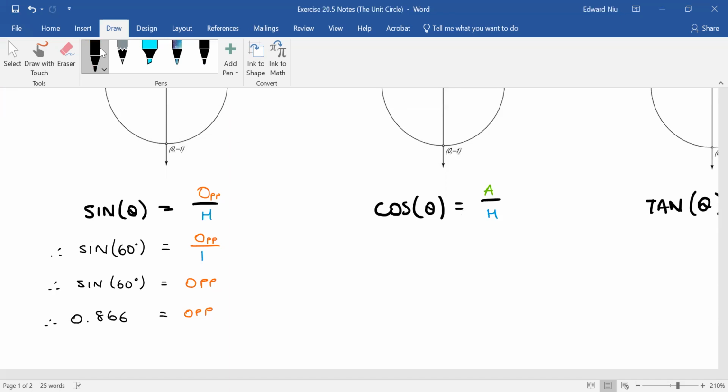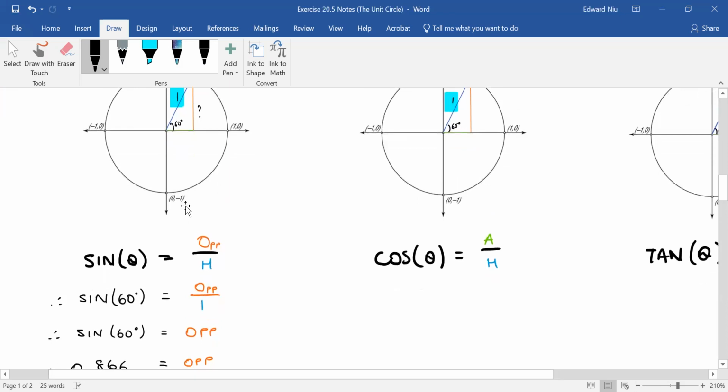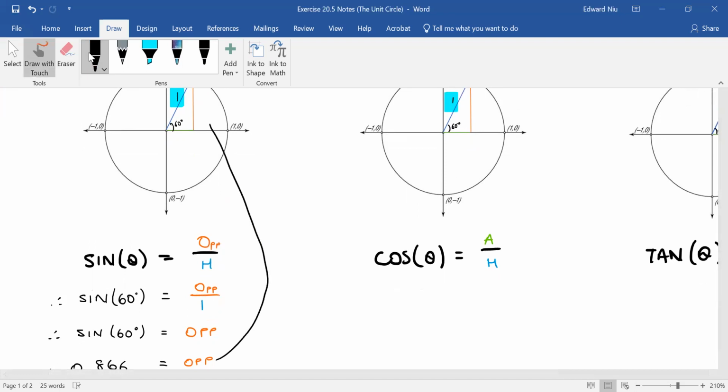Let's say it's centimeters, meters, whatever it might be. So what that means is this question mark that we've got on the orange is going to be 0.866 in length, which is equivalent to sine 60 degrees.